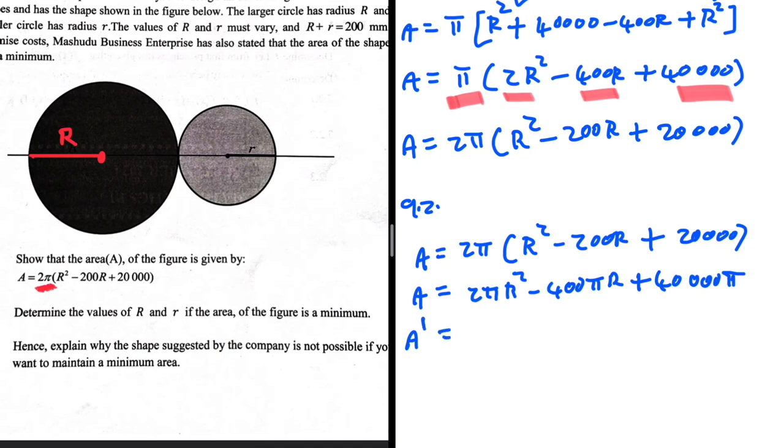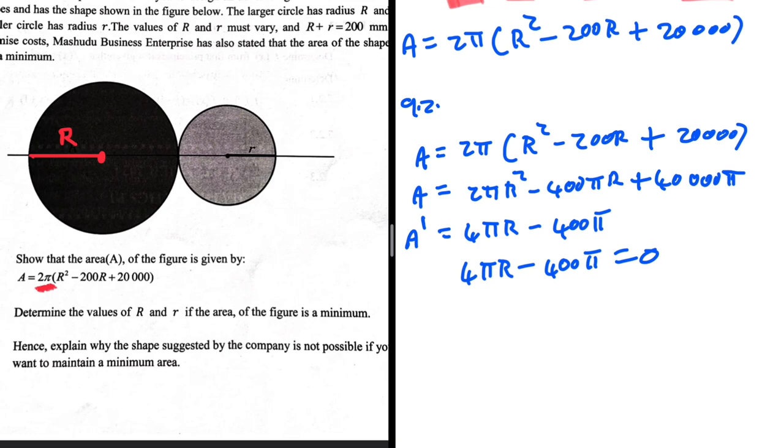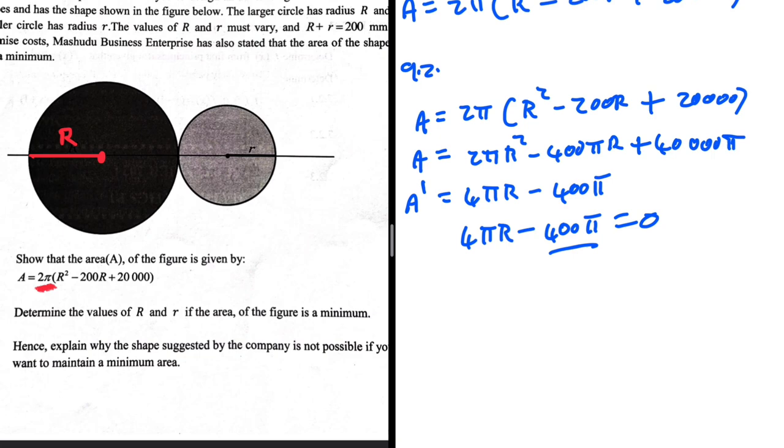Okay, when we differentiate, we're going to get 4 pi R minus 400 pi. The constant term will give us 0. And then this is what we need to equate to 0 because we want our area to be a minimum. So let's just take this 400 pi to the right hand side. We don't have to take anything out as a common factor.